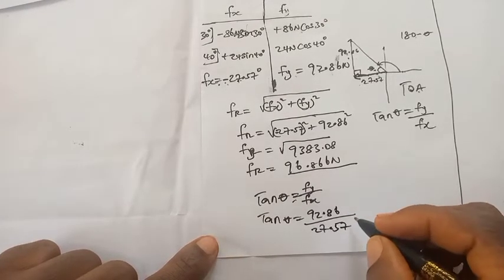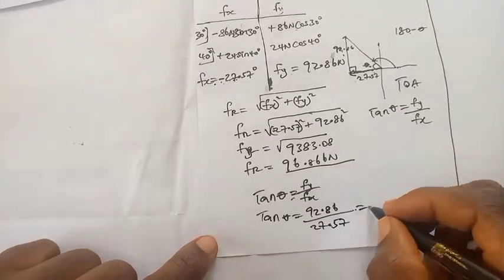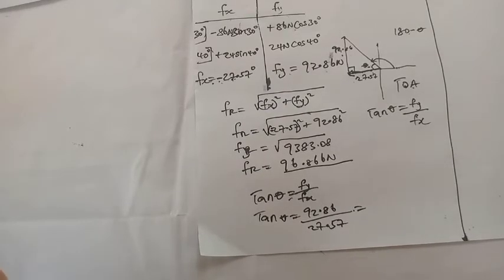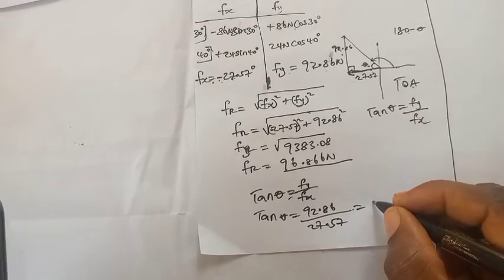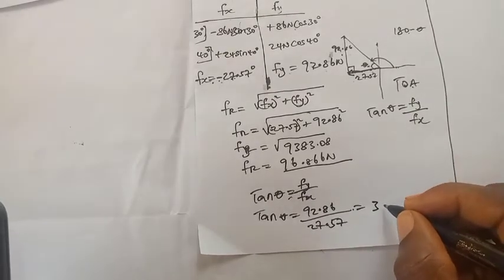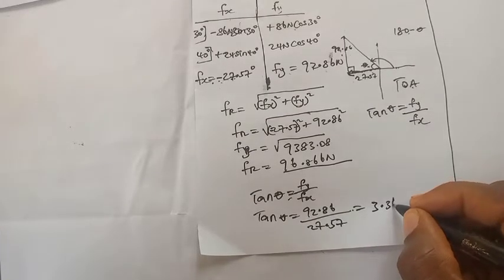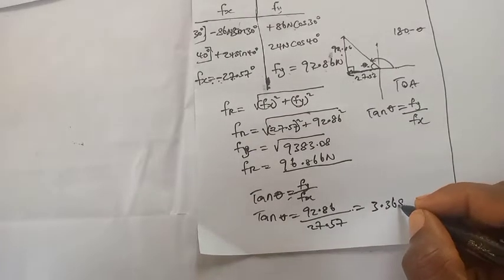So it's going to give us 92.86 divided by 27.57, going to give us 3.368.